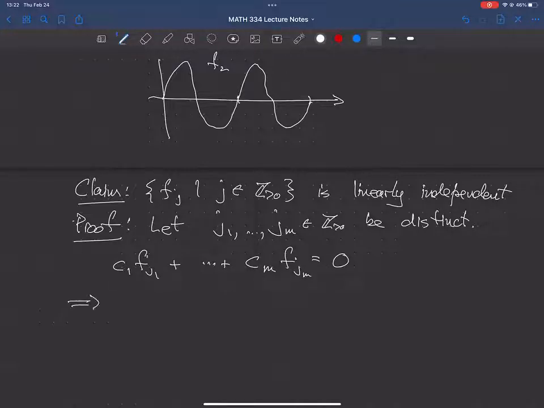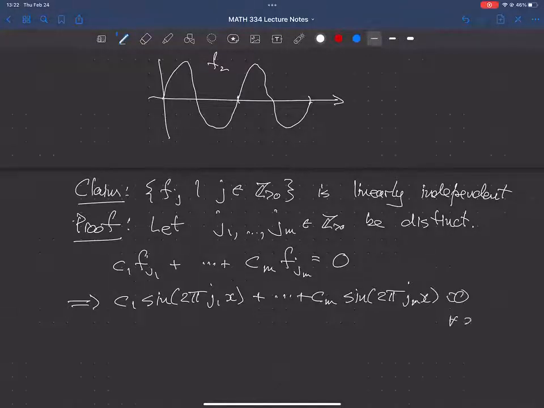So I must have that c1 sine 2 pi j1 x plus ... cm sine 2 pi jm x is equal to 0. And this must be true for every x. That's just because this is the 0 function over here.